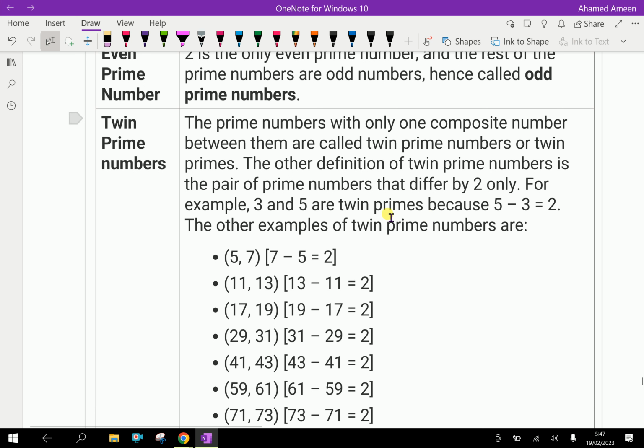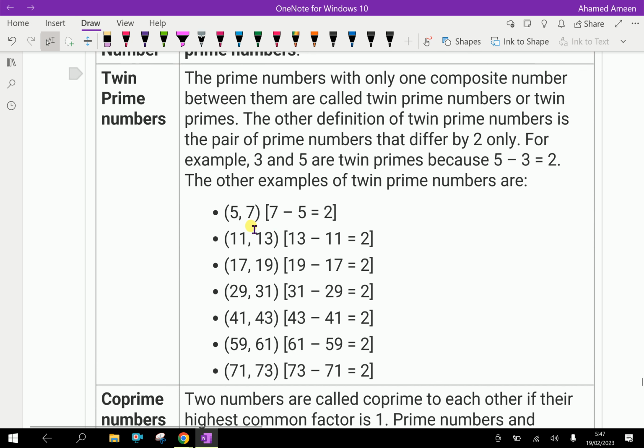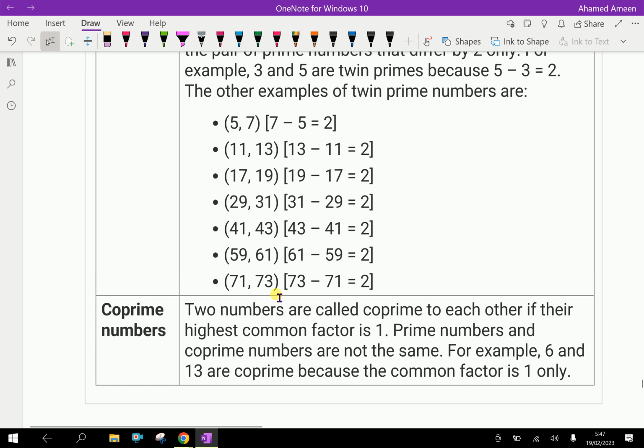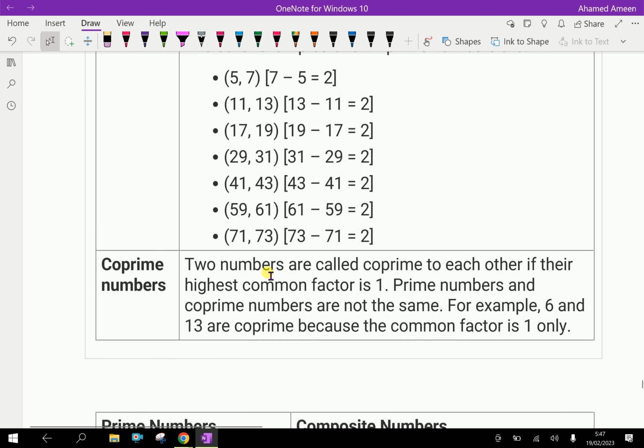These are twin primes because the difference between 5 and 3 is 2. The other examples of twin primes are here: 5 and 7, the difference between 7 and 5 is 2, like 11, 13, 17, 19, 29, 31. These are twin primes. 73 minus 71 is 2, so these are twin primes.